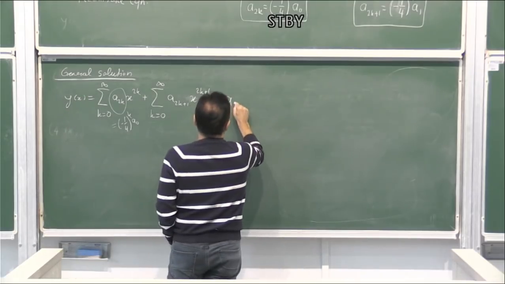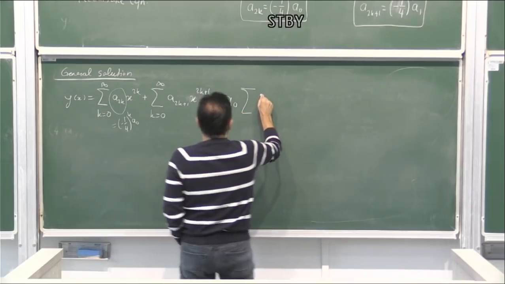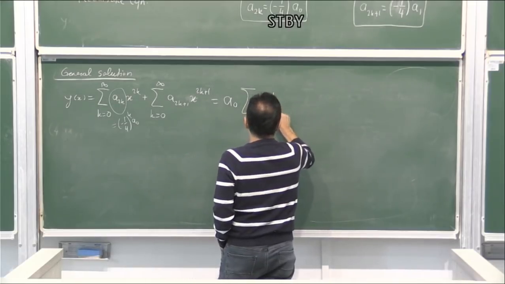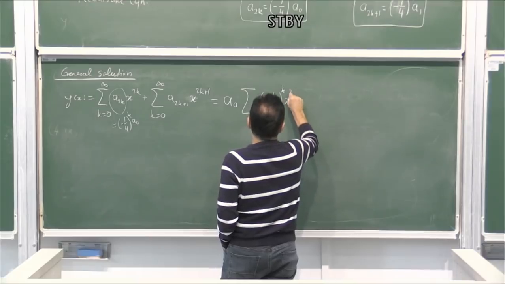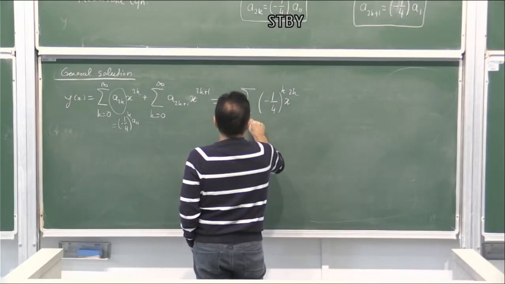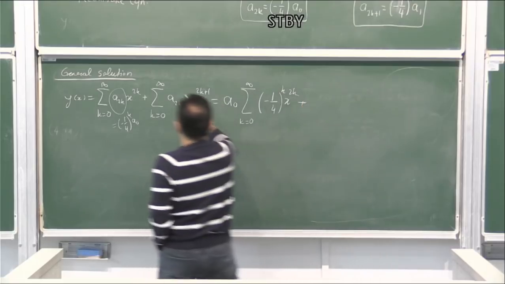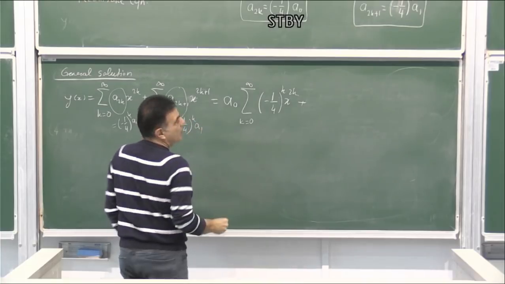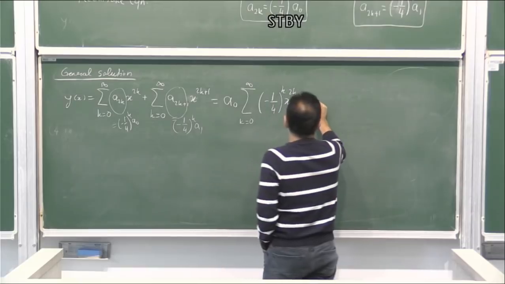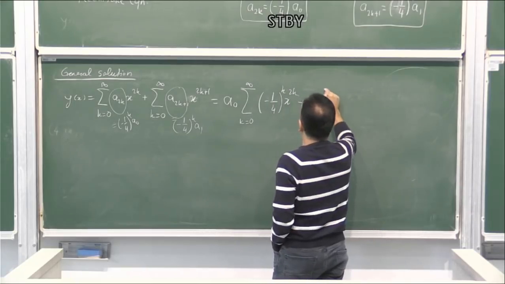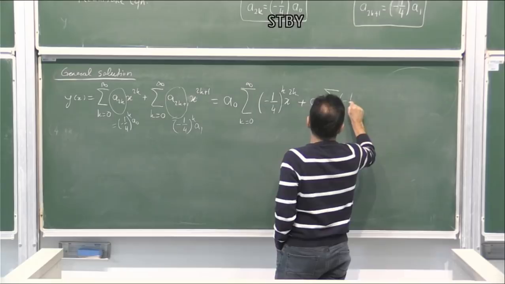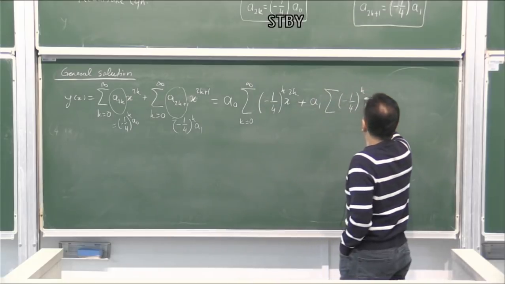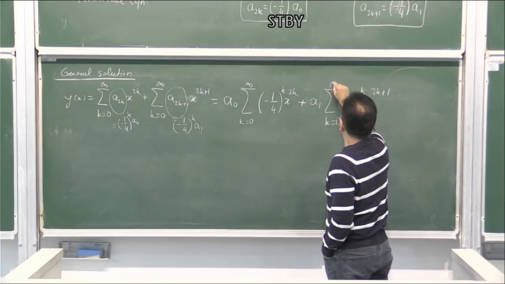Good. So we have a0 times the sum of minus 1 over 4 to power k x to power 2k from 0 to infinity. And a2k plus 1 is minus 1 over 4 to the power k times a1. Okay? So let's write a1 outside. Minus 1 over 4 to the power k x to power 2k plus 1 from 0 to infinity.